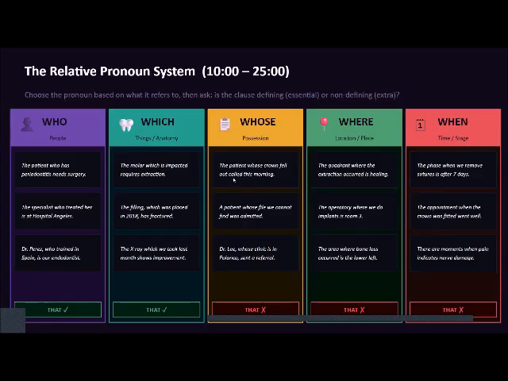Zanya, hopefully your internet is working. Let's go to which. We use which for things or people or their anatomy, more so for things because we can identify the option. All right, can you read the examples for us, Zanya? The molar which is impacted requires extraction.